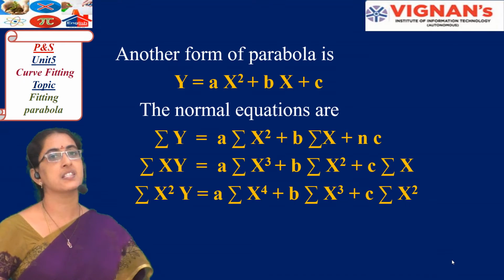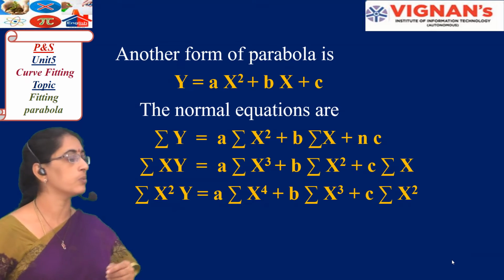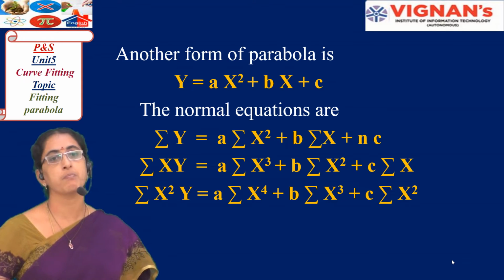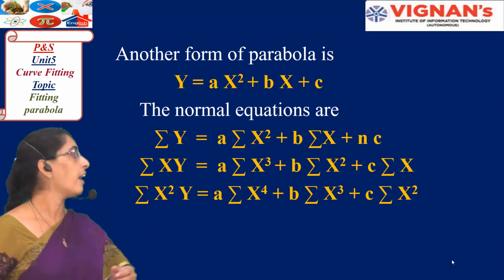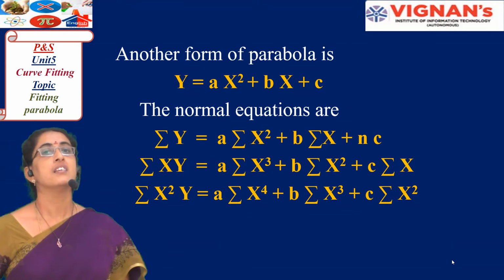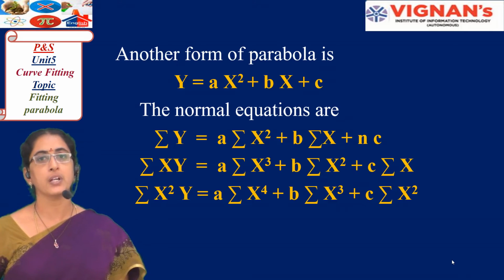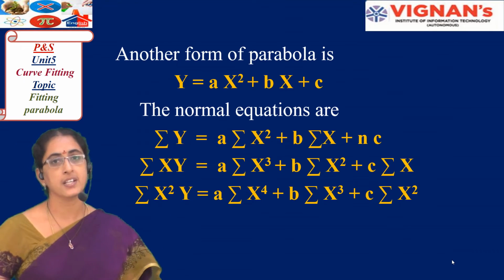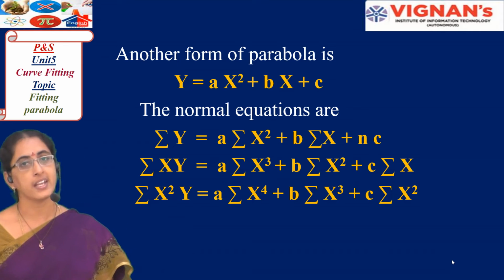The second normal equation is summation xy equal to a into summation x cube plus b into summation x square plus c into summation x. And the last normal equation is summation x square y equal to a into summation x power 4 plus b into summation x cube plus c into summation x square.